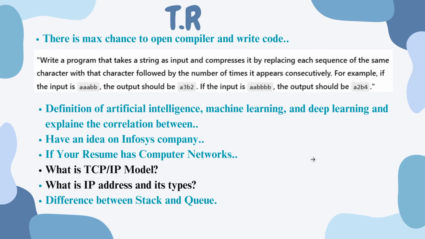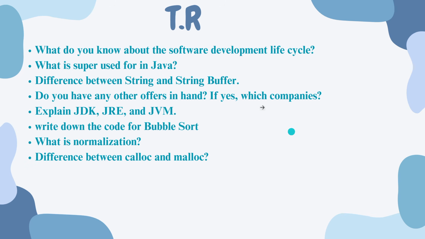Have a good idea on DSE topics, each and every topic. You should be able to write pseudocode in that manner. Okay, and what do you know about the software development life cycle? It is very important for both SP and DSE roles, because once you step into a software company, you should be able to know how to deal with the customers and how to make a project from beginning to end.